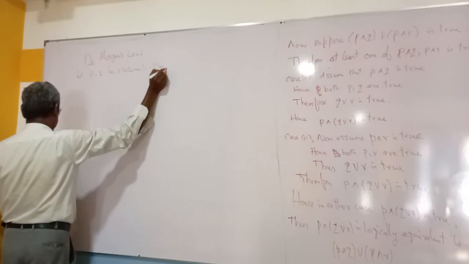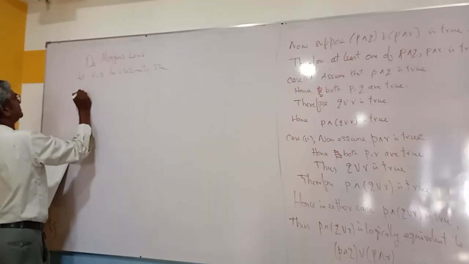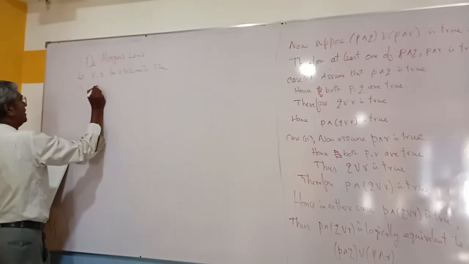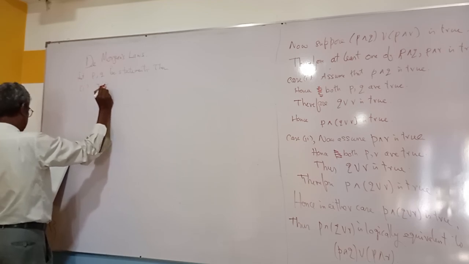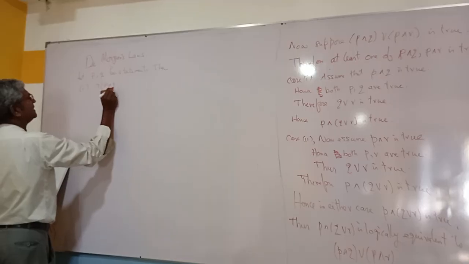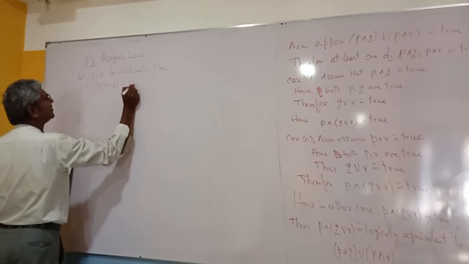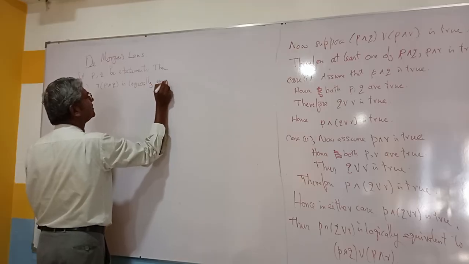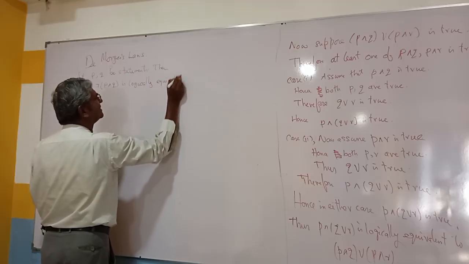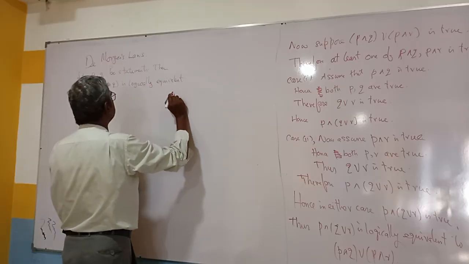Then, I am using this symbol for not, you have seen that, no? Not (P and Q) is logically equivalent to, you know this thing, but I want to make sure you can say it in English, because we are learning in English now.